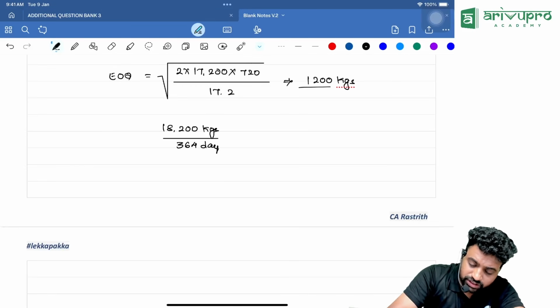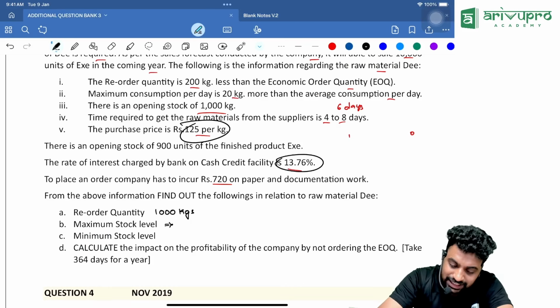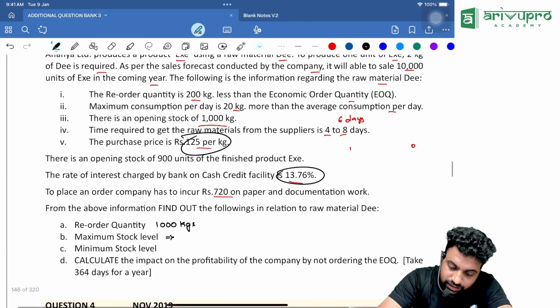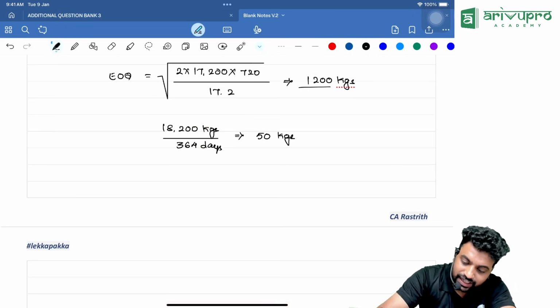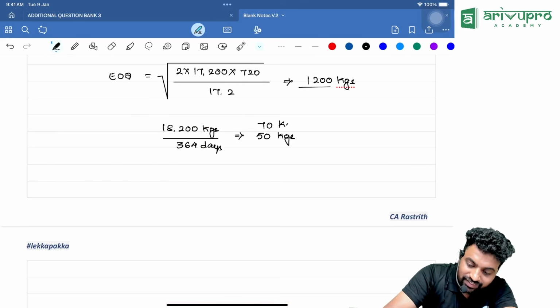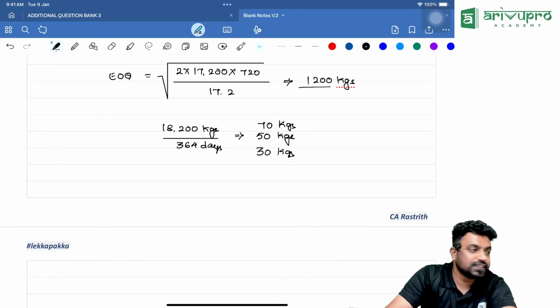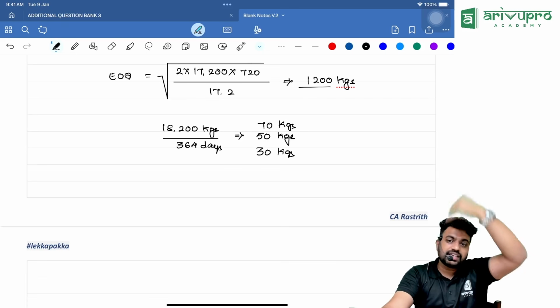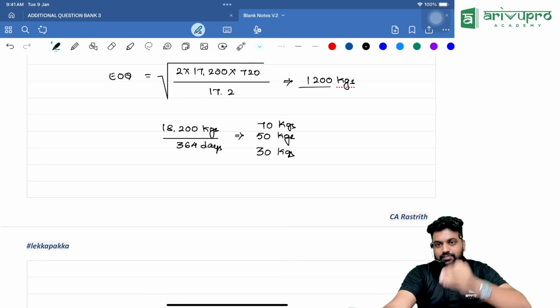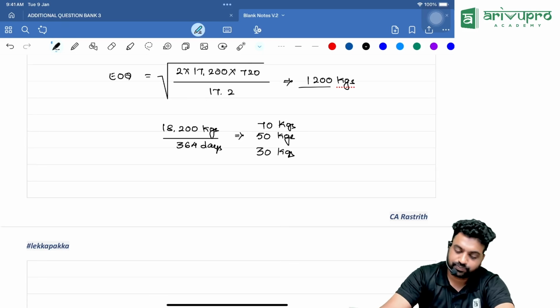So how much you are going to consume on an average? 50 kgs. They are telling maximum is 20 kgs more than average. So maximum is 70 kgs. Minimum will be 30 kgs. If the maximum is 20 kg more, minimum should be 20 kg less.